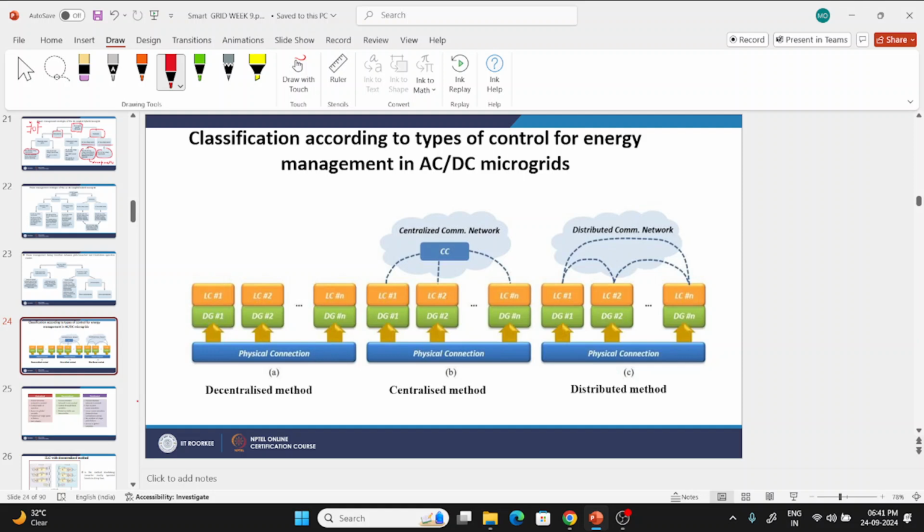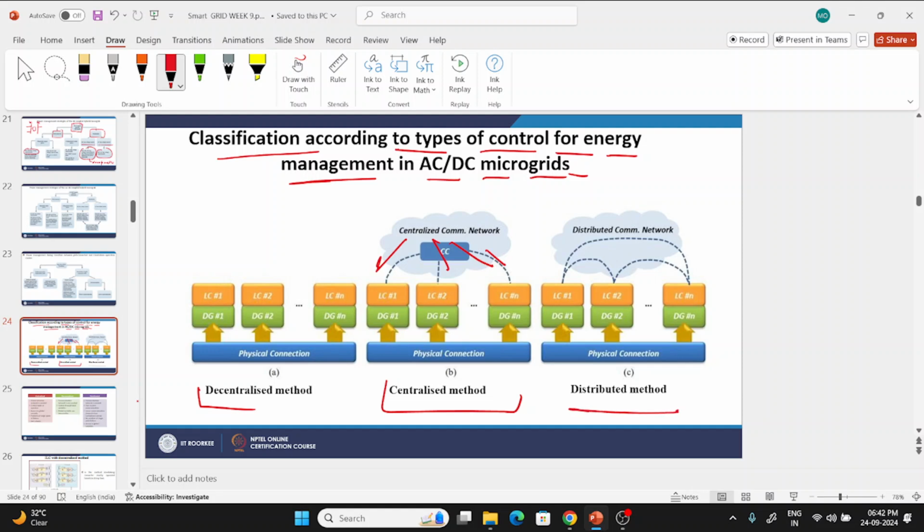Now, the classification according to the types of control for energy management in an AC/DC microgrid. There are centralized, decentralized, and distributed. In a decentralized one, the physical connections are being done. In a centralized one, the communication network will control the energy management.